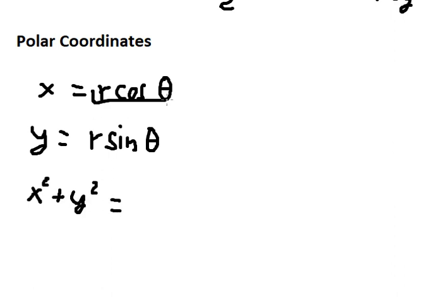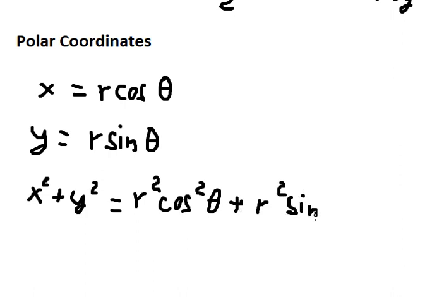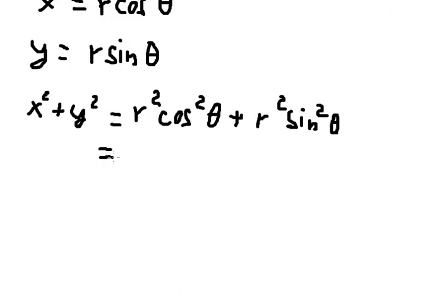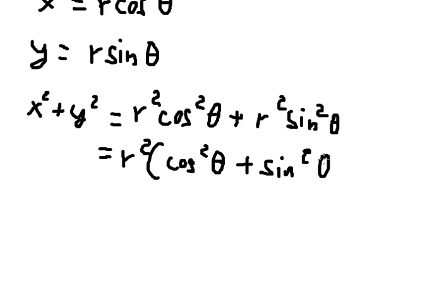So we put this one and this one in here. So r squared and r squared, we can do factorization. And this one we have 1.